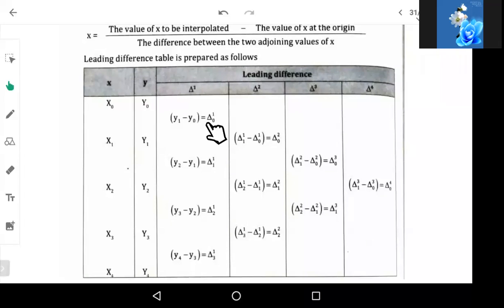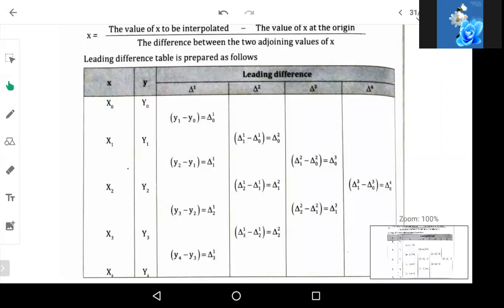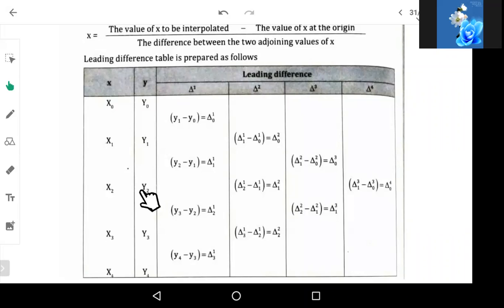For the first leading difference of y0, you write a small triangle. Below the triangle write 0, above the triangle write 1. So y1 minus y0, this number minus this number, will give you the first leading difference. Then y2 minus y1 gives you another first leading difference.